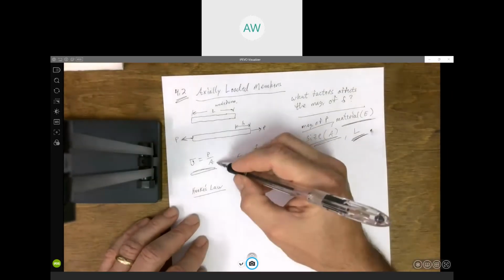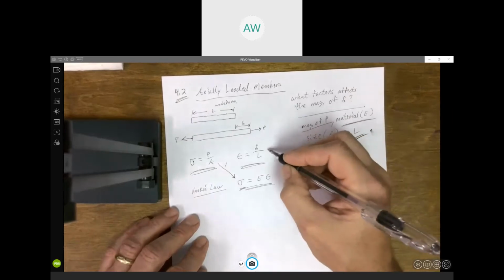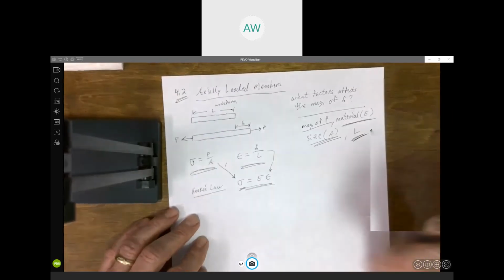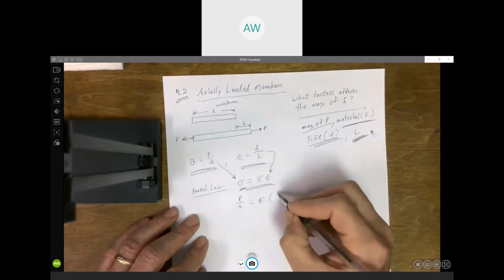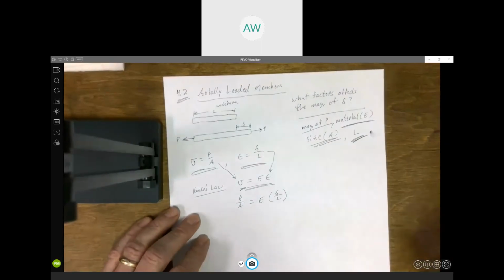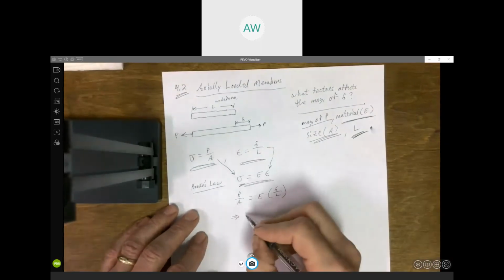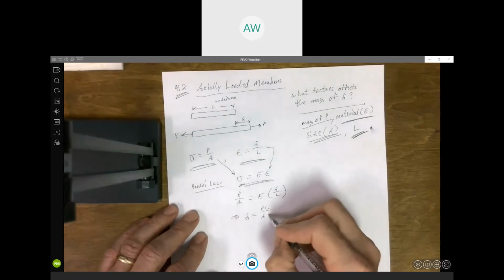Well, if we take this, substitute in for sigma, take this and substitute in for strain, you get P over A equal to E times delta over L, and then solve for delta. It's real simple and straightforward where this formula comes from. We get delta equals PL over AE.